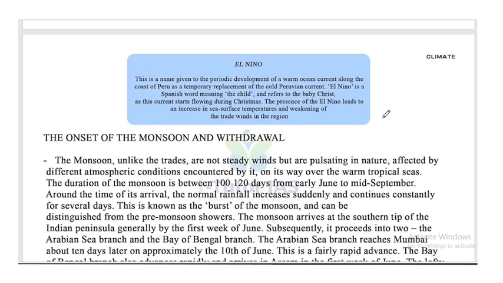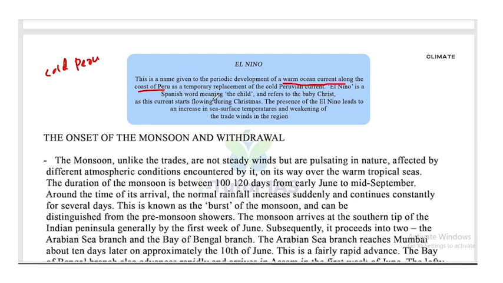Now, have you heard about El Nino? This is a name given to the periodic development of a warm ocean current. El Nino is a warm ocean current along the coast of Peru as a temporary replacement of the cold Peruvian current.